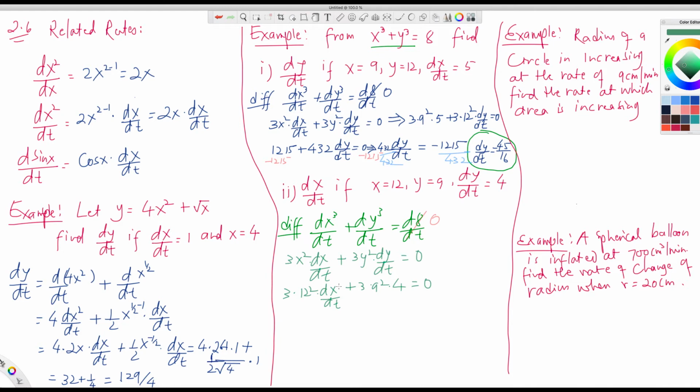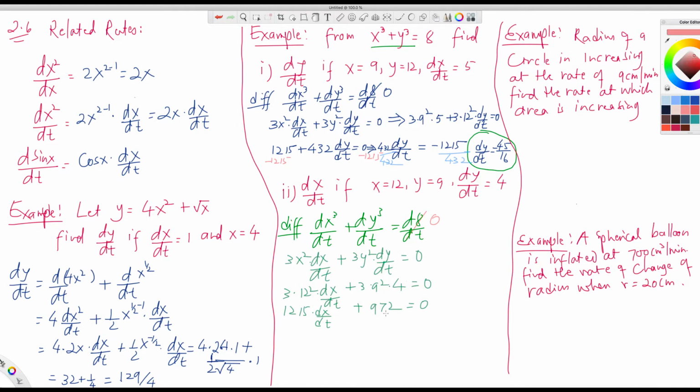What do you get? Let me find out how much 3 times 9 squared times 4 is. It is basically 972. So this will be plus 972, and 3 times 12 squared we found out already, 1215. So 1215 times dx over dt plus 972 equals 0.